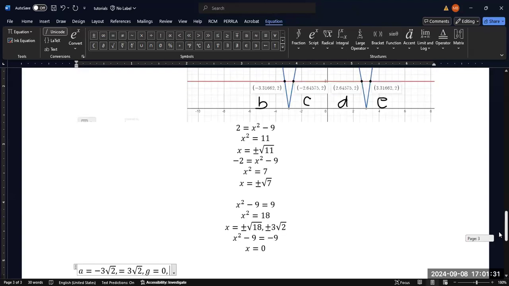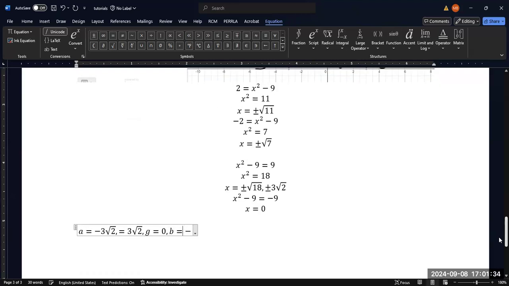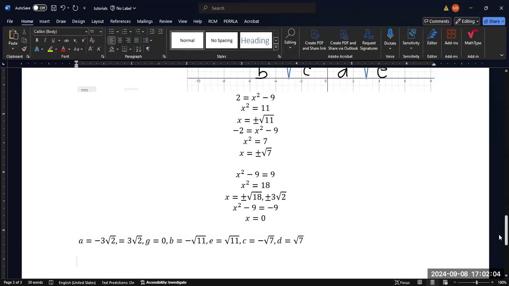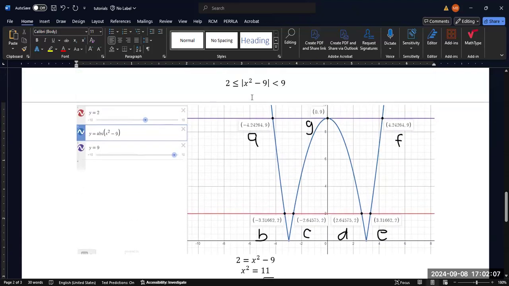These other square roots, B is going to be negative square root of 11, and E is positive square root of 11. And then C is equal to negative square root of 7, and D is equal to positive square root of 7. Great, so now let's think about our original inequality.